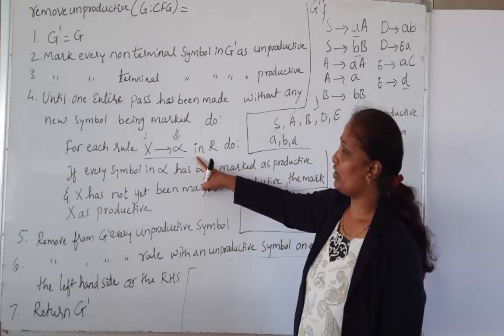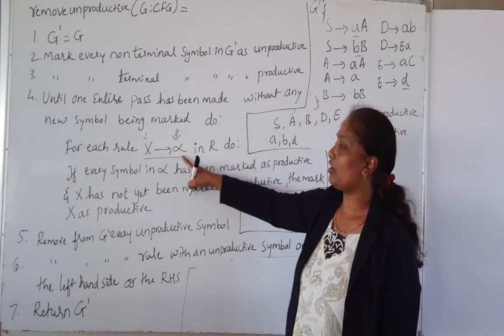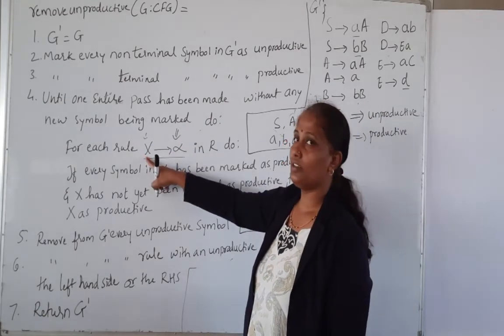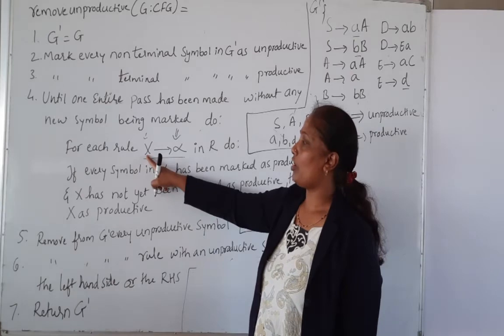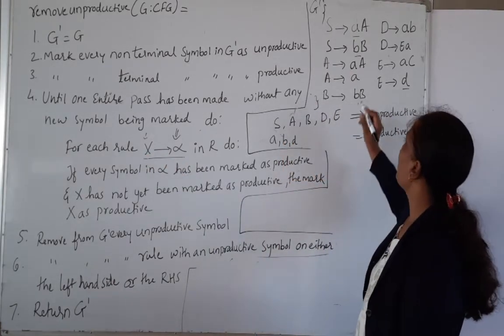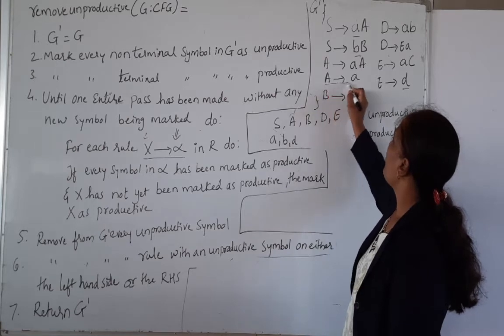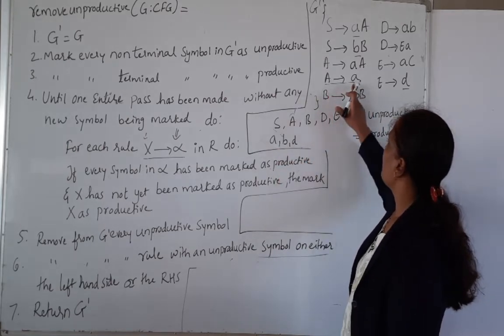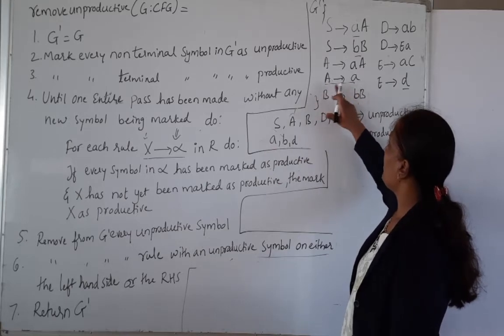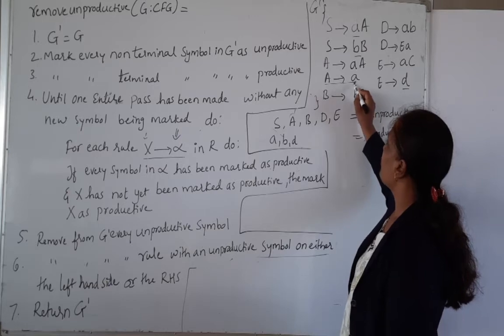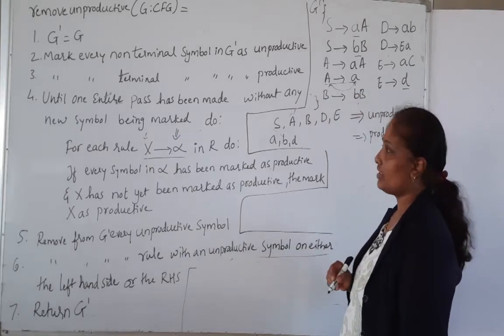Next, what is the fourth step? I should check every rule's right part. If that rule's right part has a productive symbol, then I mark the left symbol of the rule as productive. So based on that, A produces a, where a is a productive symbol. So A is producing a productive symbol, and based on that I can mark A as productive.